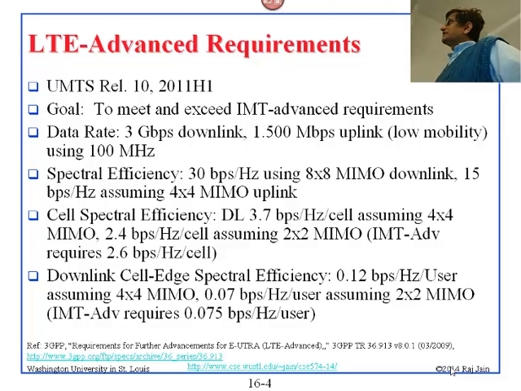Cell spectral efficiency 3.7. This was 2.2 before in the previous picture, and 2.4 and 2.6 depending upon how many MIMOs we have. Edge efficiency is again better. Okay, so the key thing here is that depending upon the MIMO we can do better.